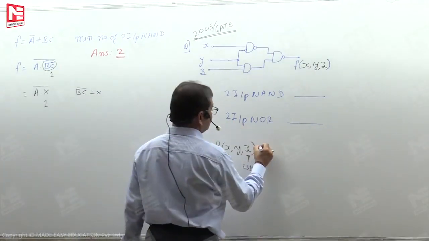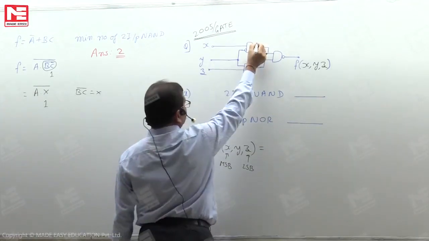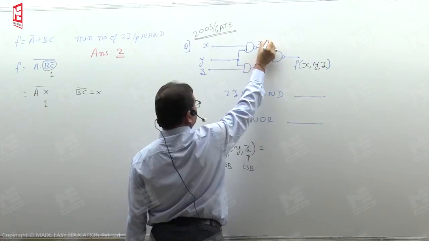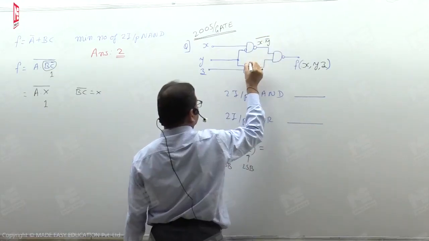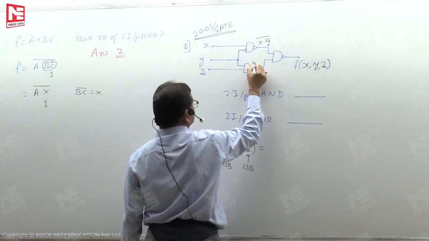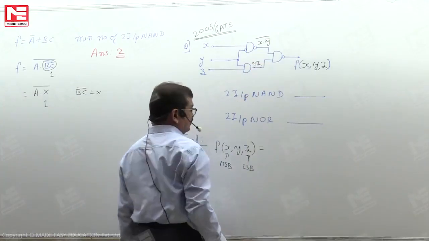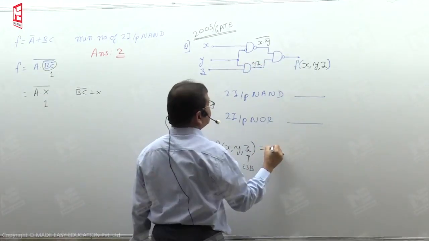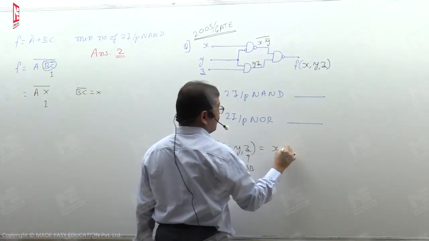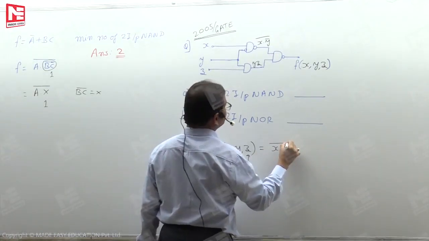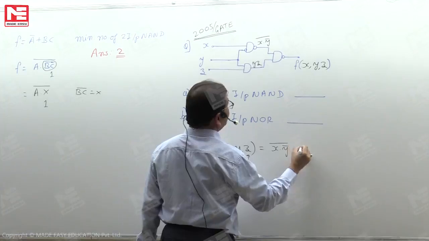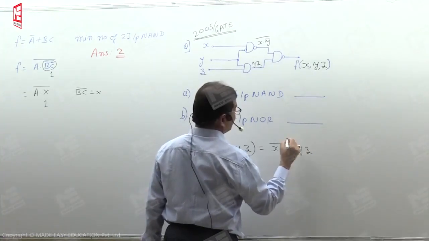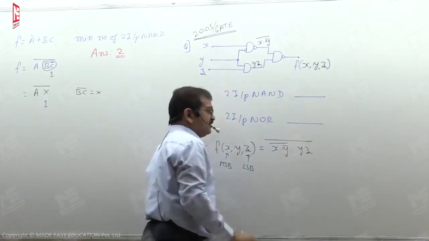If you look here, the NAND gate output is X and with Y complement, whole complement. This AND gate output, of course, is YZ. So this gate output we read as X and with Y complement and with YZ, whole complement.